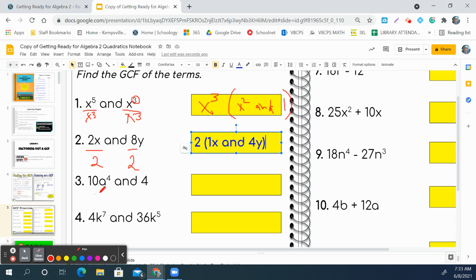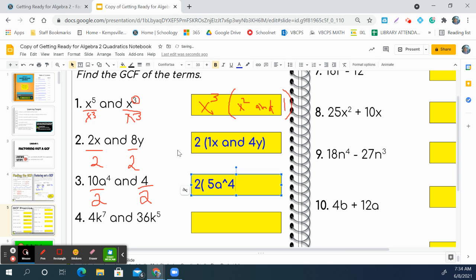What about number 3? What can I divide both 10a to the 4 and 4 by? What's the greatest common factor? Yeah. 2 or 4? 2. So if I divide both of those things by 2, what do I put in my box over here? So I've got the 2 that comes out, and then I definitely have 5a, and I'm just doing caret 6.